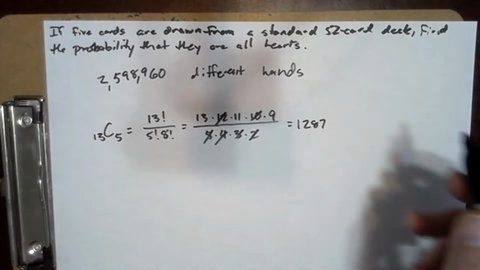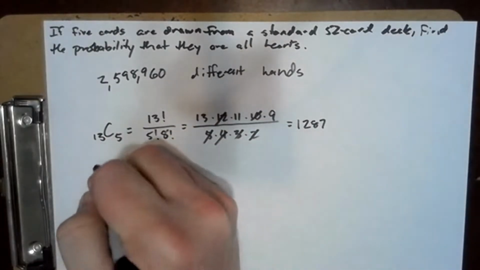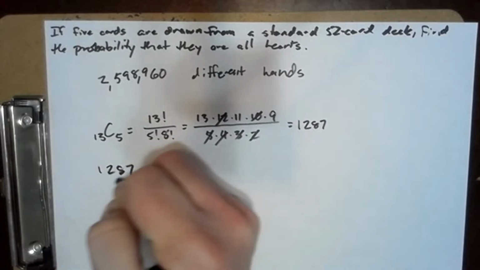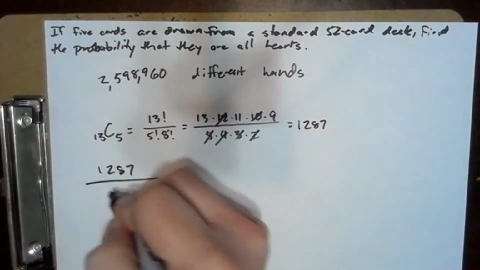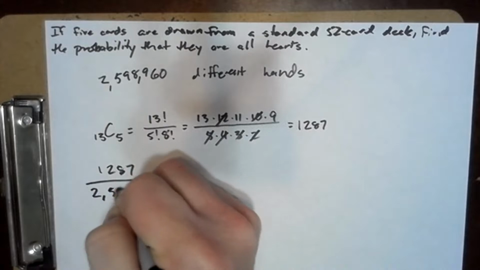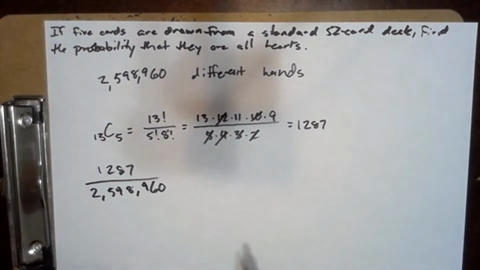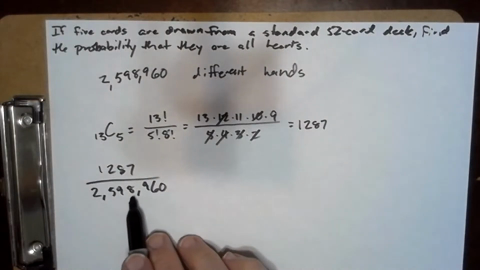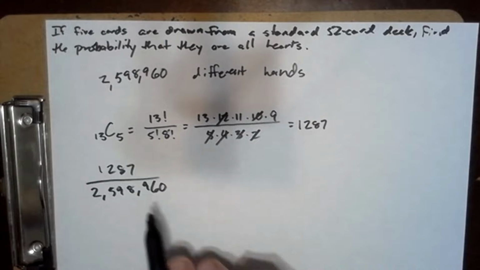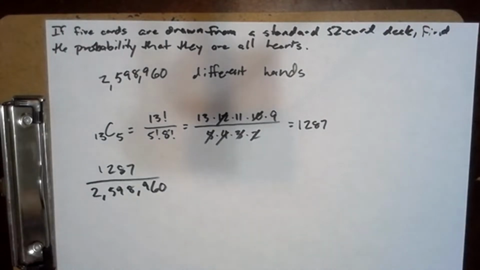So this gives me 1,287 divided by 2,598,960 for our probability. I think we can simplify that a little bit, though not too much. We can divide that by 3 to get 400. Actually, we can divide both by 9, I think. Maybe not. We'll check that.